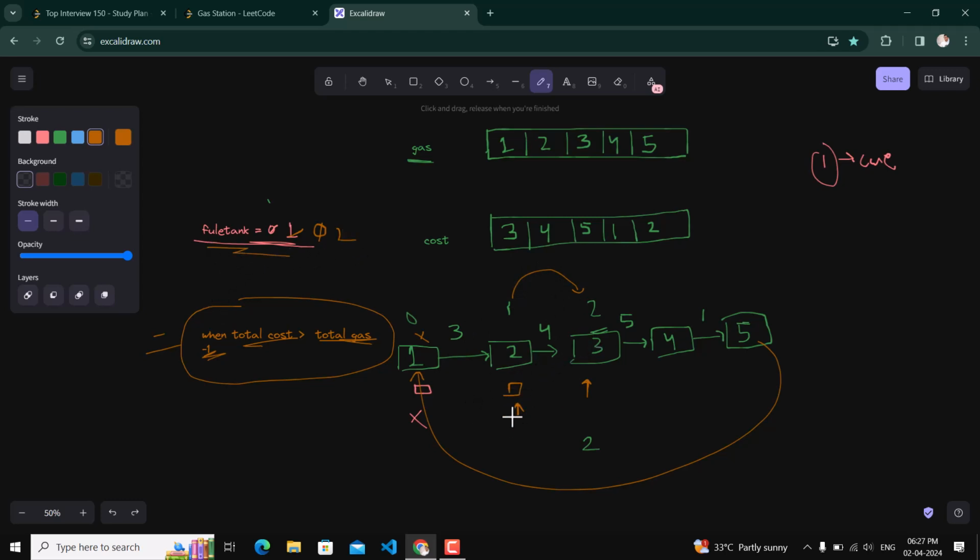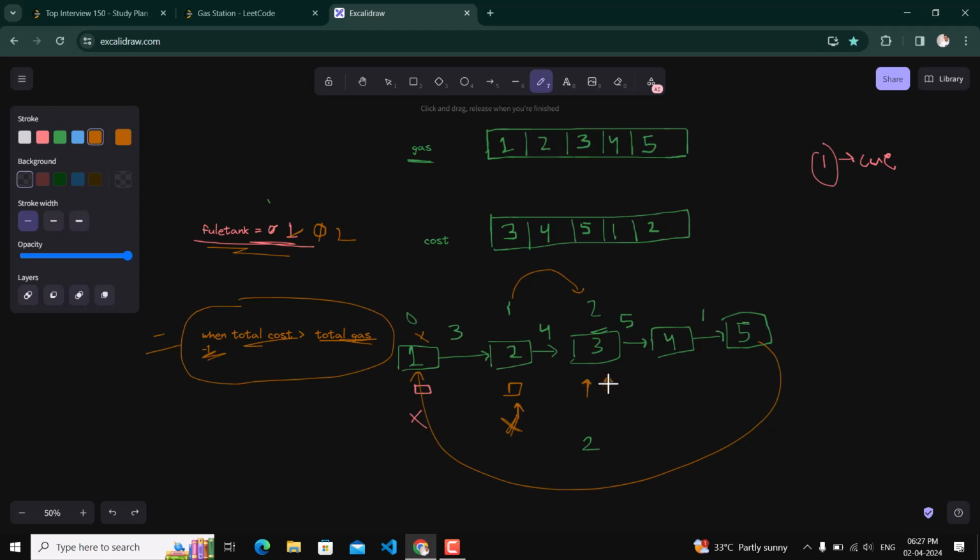So this is also not a solution, because if it were, we would be able to travel clockwise and come back to this point. So we will check the next one.